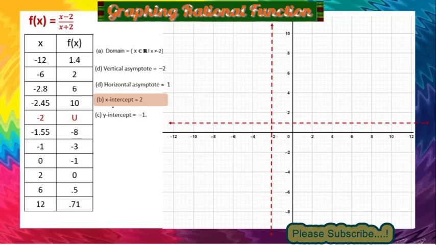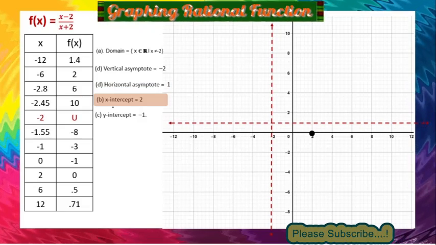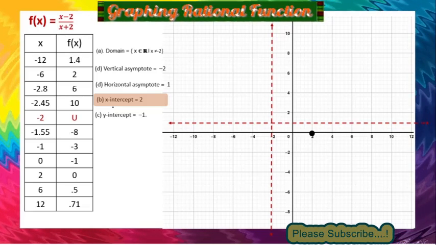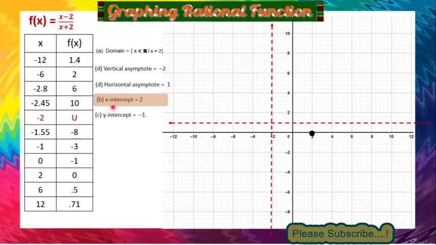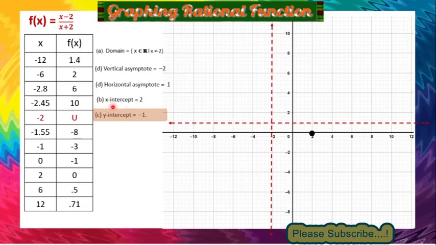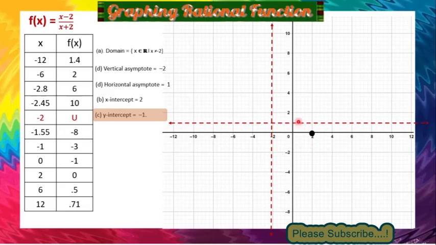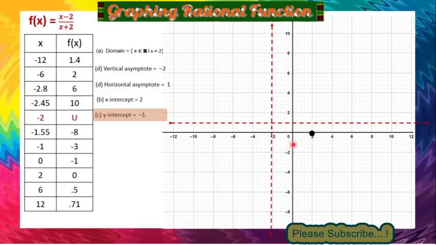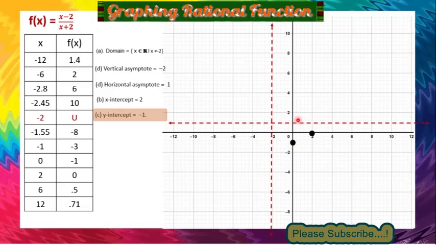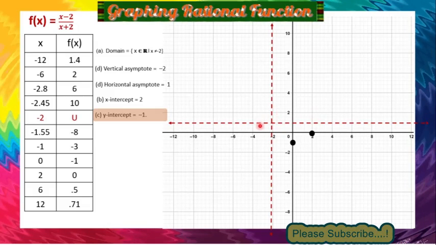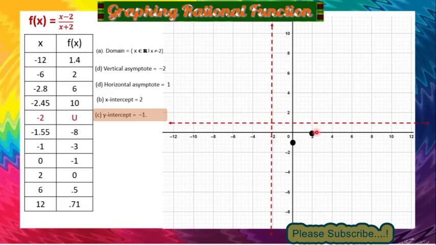Then our x-intercept is 2, that point. Then our y-intercept is -1, so -1 here.